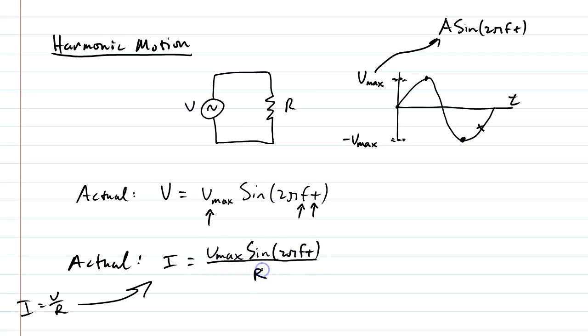If you divide by R, this would give you an exact current with a certain frequency at a certain time if you know all these variables. Instead of the general current that you would always get on DC, this will tell you the current as it changes with time. And so, by the way, current actually changes with your voltage. And so current is going to look something like this if you were to graph them right on top of each other. They're going to have the same highs and lows, and they're going to be in sync. They are in phase with each other.